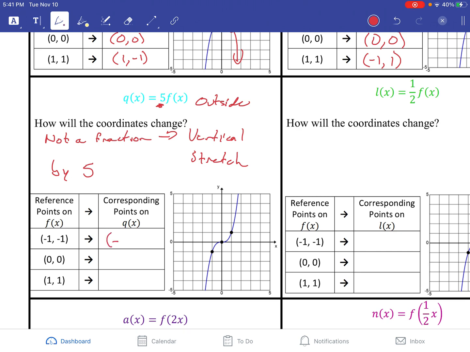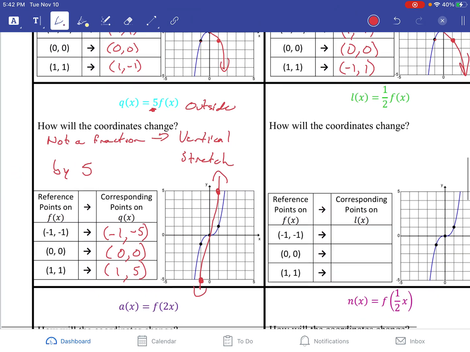Okay, so we have -1, -5. The 0, 0 does not change, since 0 times 5 is 0. And then 1, 5 for the last point. So our points now are going to be up like this. So it's stretched the whole graph vertically.